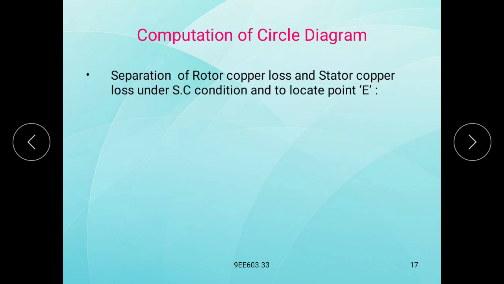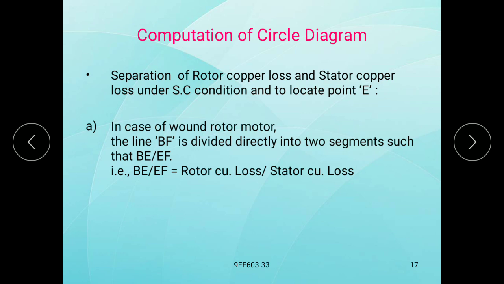Separation of rotor copper loss and stator copper losses under SC condition, and to locate point E. In case of a wound rotor motor, the line BF is divided into two segments such that BE by EF is equal to rotor copper losses by stator copper losses.